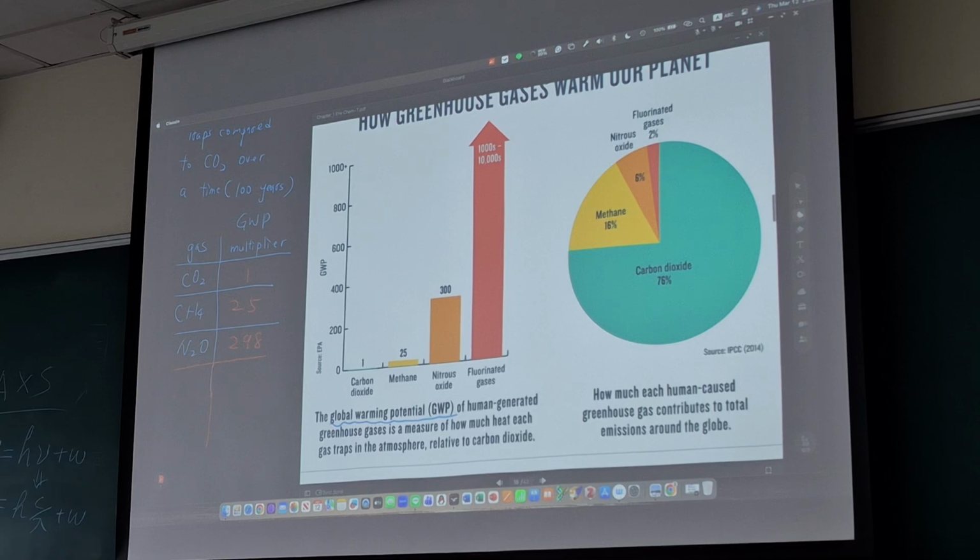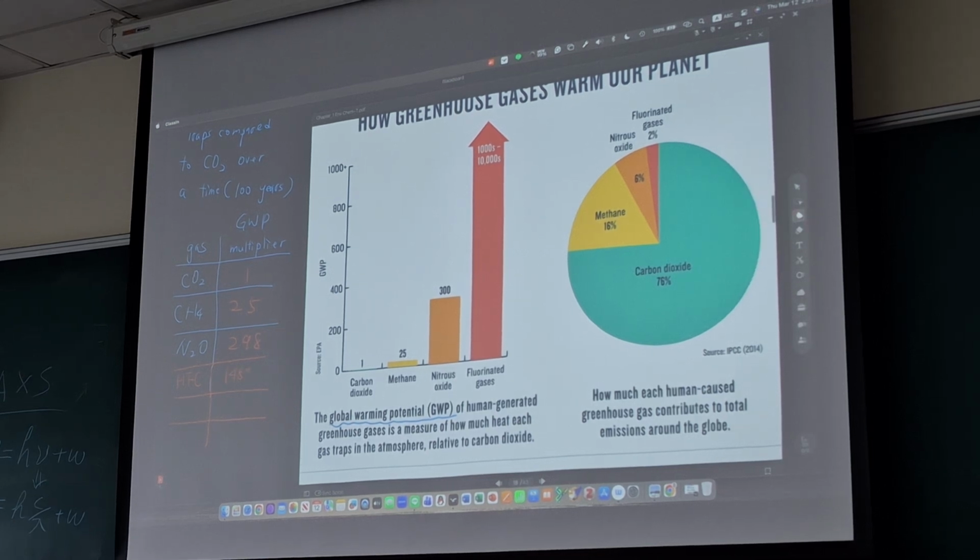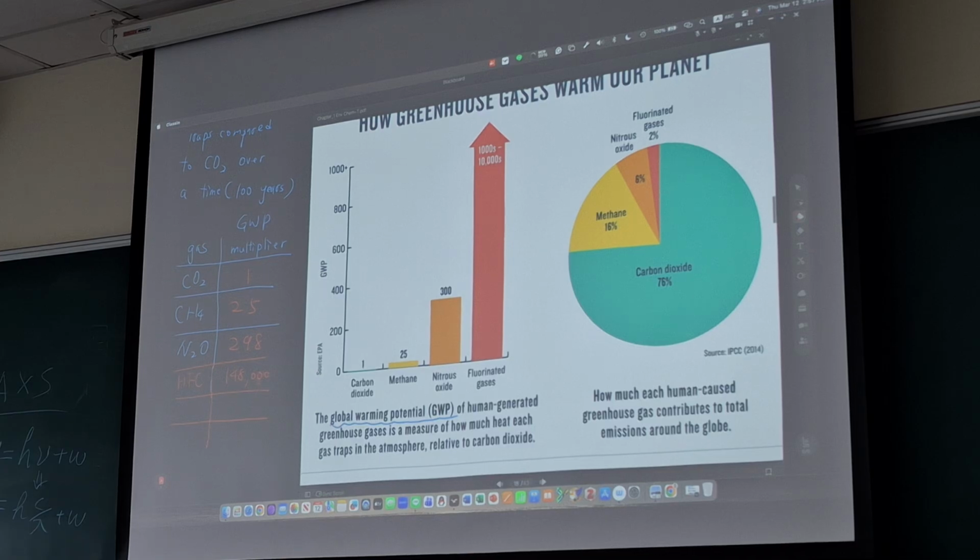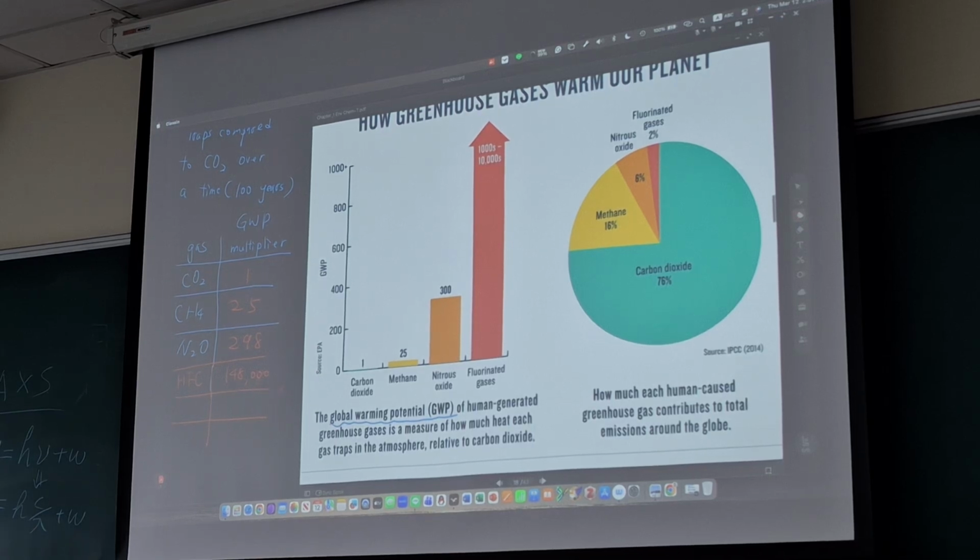And the rest of these three will be very terrible, like hydrofluorocarbons. You're going to have 124 to 148 thousand. 124 thousand, okay. Let me just put a maximum value. You don't need to memorize this. You just need to have ideas like this.